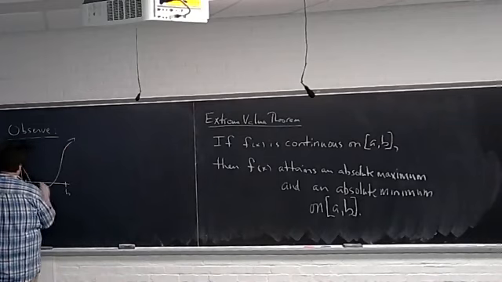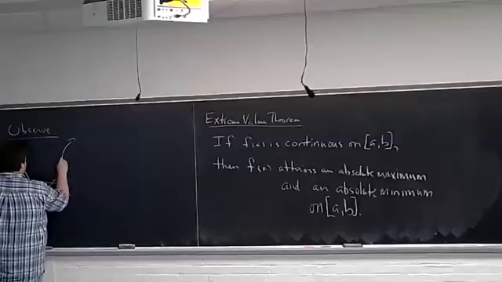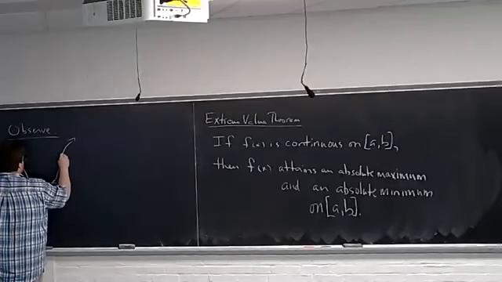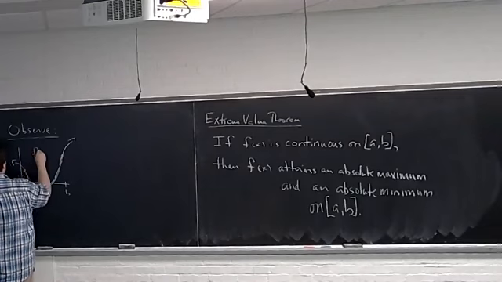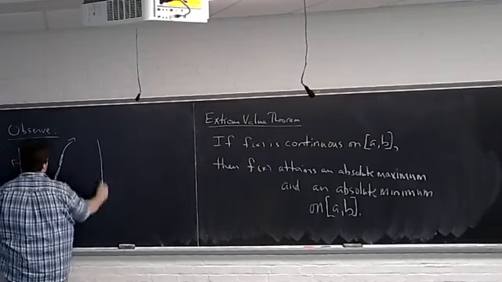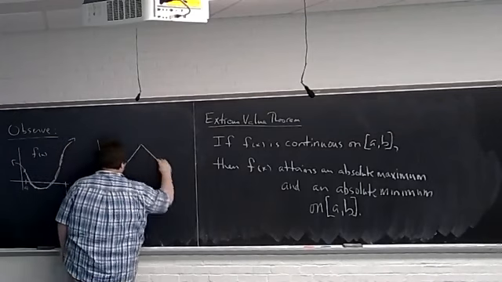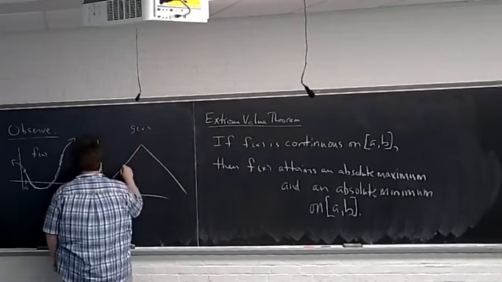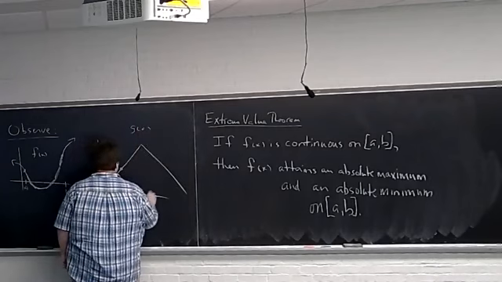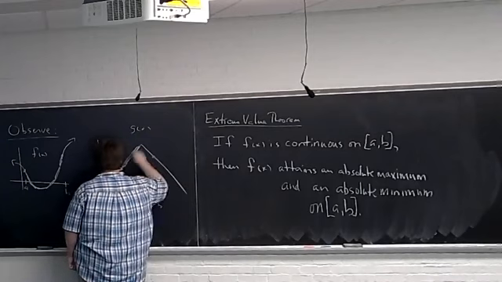Let's call B that value. And let's mark off A to B on the function. And let's do one like this. Let's call this g of x. Let's call this one A. Let's call this one B. Let's shade it in.